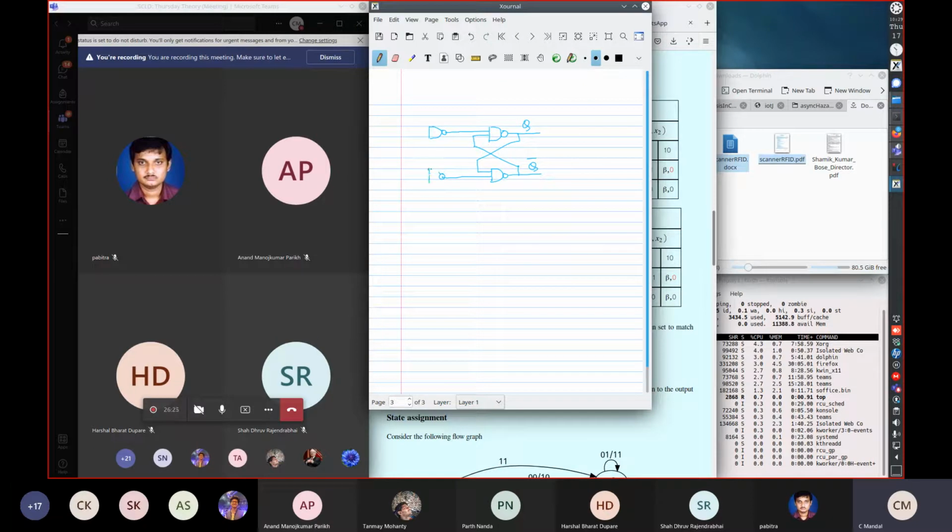Well, let us just keep it like this. We can sometimes call this enable. Well, if it is zero, it is not enabled, right?